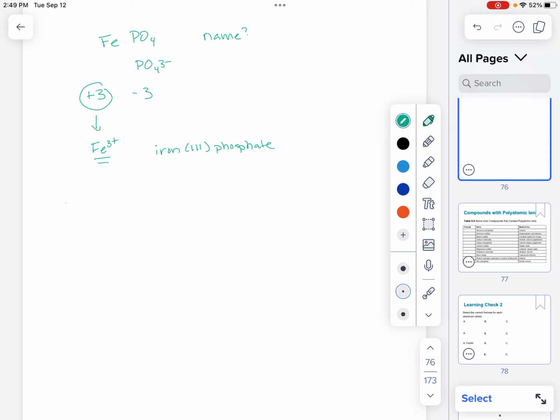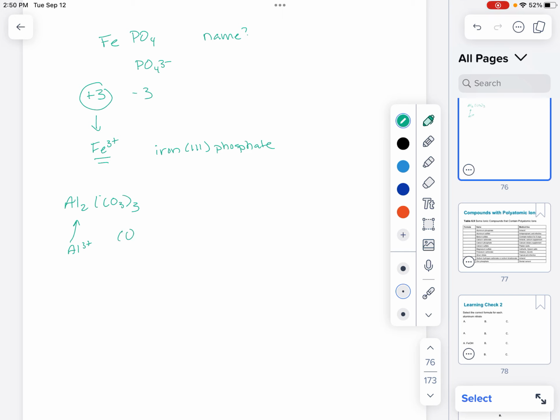Okay, the next one is aluminum. This is where I see a formula and it's like a language. I say the name without thinking about it. So what is this? This is that cation, because aluminum is in group 3A, and all those in that group have a 3 plus charge.